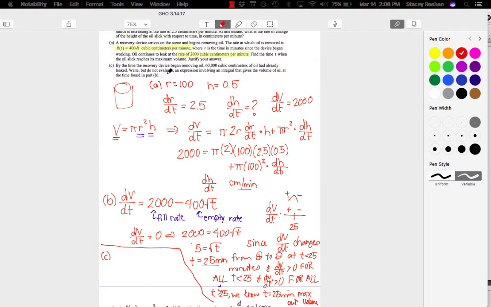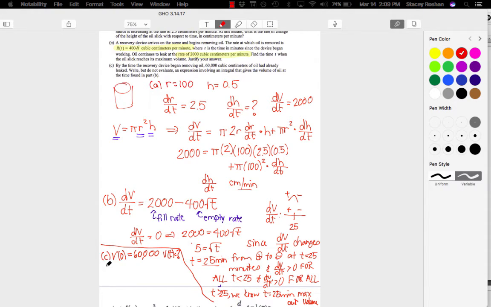By the time the recovery device began removing oil, 60,000 cubic centimeters of oil had already leaked. Write but do not evaluate an expression involving an integral that gives the volume. So we had a rate here, so we want to go from a rate to an amount. The way I like to think about these is we know some information. We know specifically that V of 0 is 60,000, and we want to find V of t.